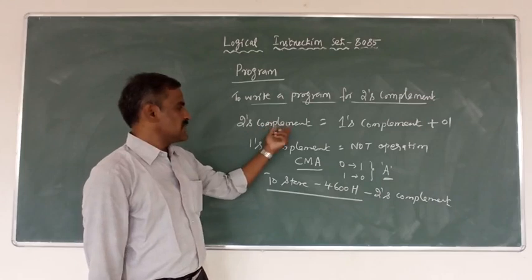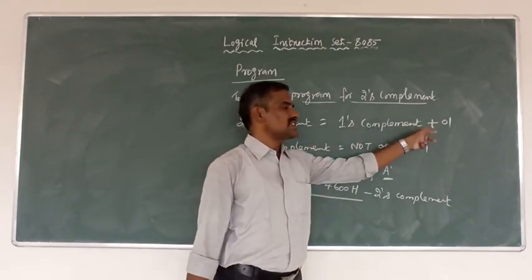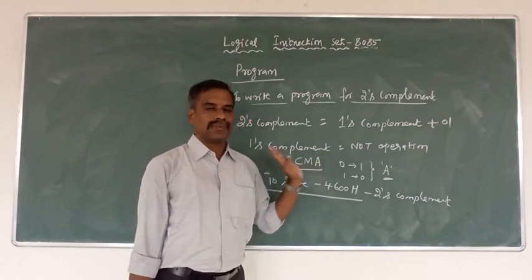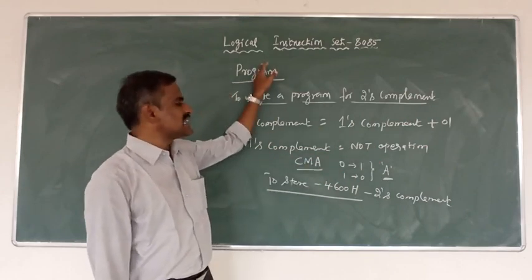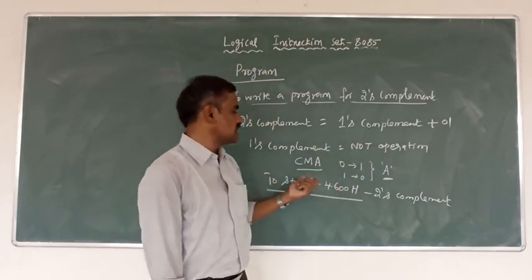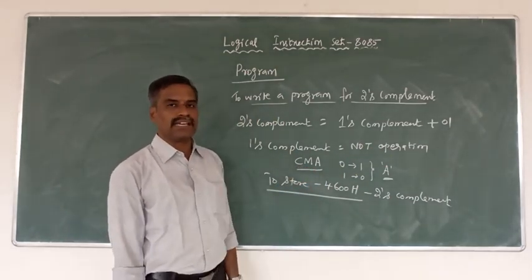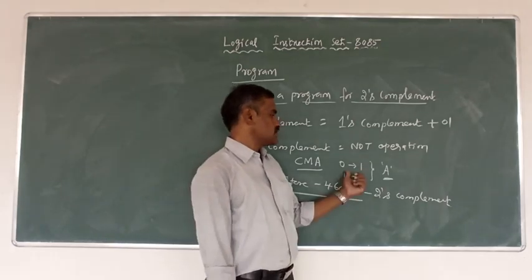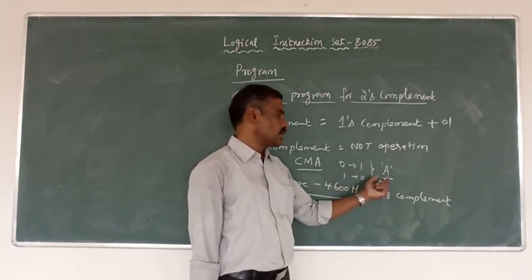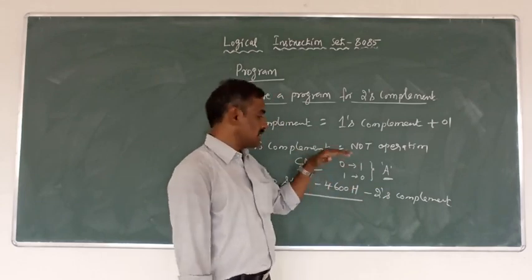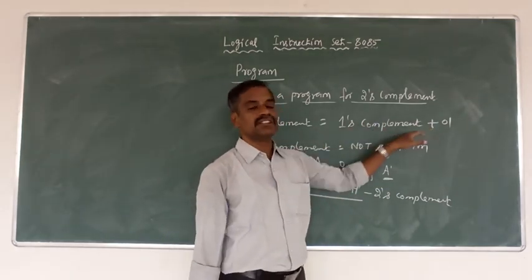The 2's complement formula, 1's complement plus 0, 1. The 1's complement is nothing but not operation. In logical instruction, for the not operation, we can use the complement of the accumulator content, 0 changes into 1 and 1 changes into 0, only for the A register content, not some other register content. That result we can add with 0, 1.